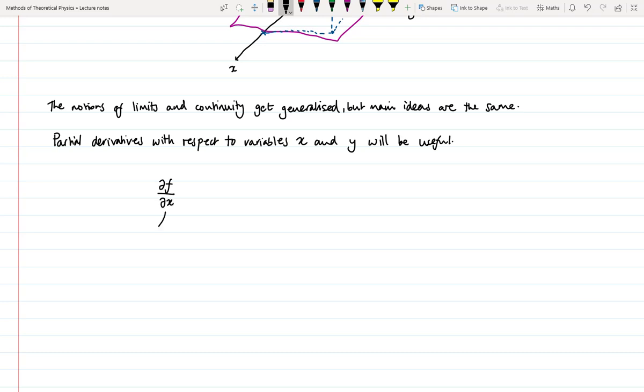Some other shorthand you can use is this curly d subscript x or f subscript x. And we define this partial derivative as the limit, as delta x tends to 0, of the function, so this is the function of two variables, the function evaluated at x plus delta x, y, minus the function value at x and y, divided by the change in the first argument, in other words, delta x.